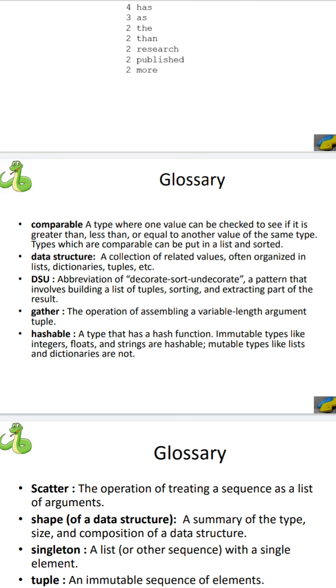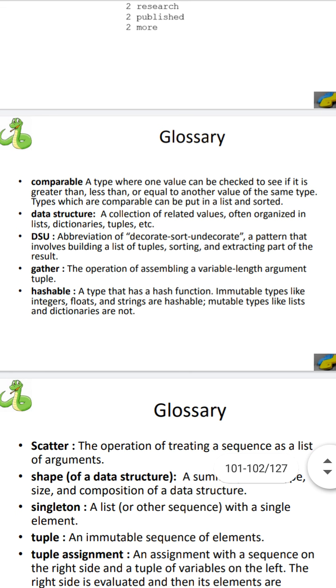Heterogeneous value comparison will not work. Types which are comparable can be put in a list or sorted. Data structure, a collection of related values. It may be a list, a dictionary, or tuples, etc.